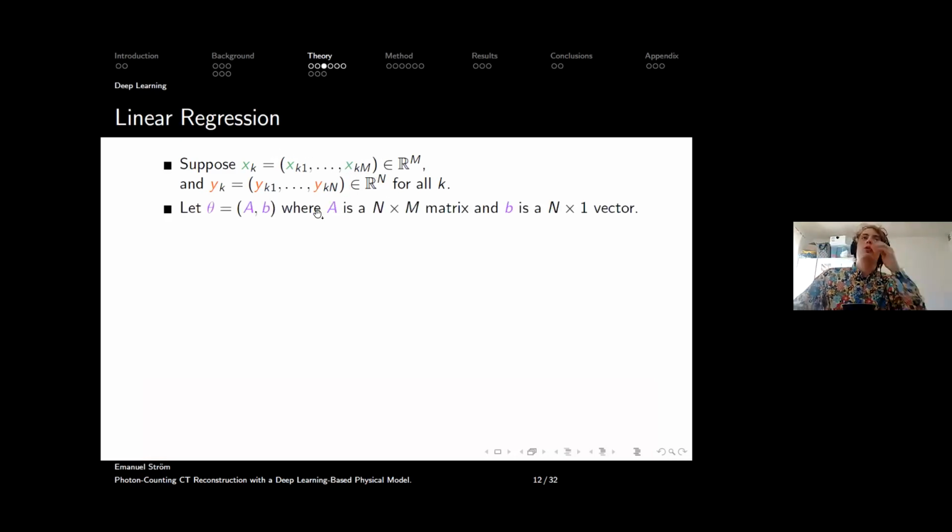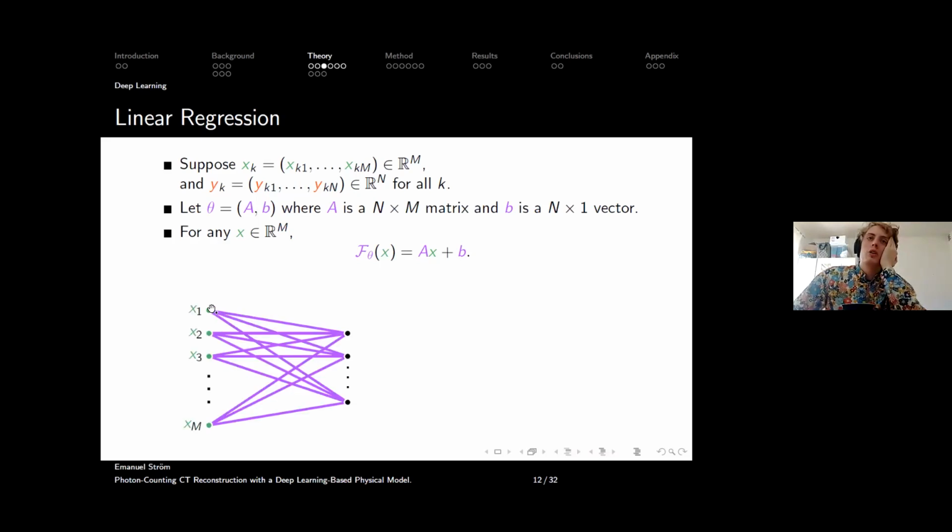So in linear regression, you just let this parameter be first a matrix, which we call the weights, and then a vector, which we call the biases. And so the way that you parameterize this function is by multiplying the input variable by this matrix and then adding biases. And one way to visualize this is as a neural network.